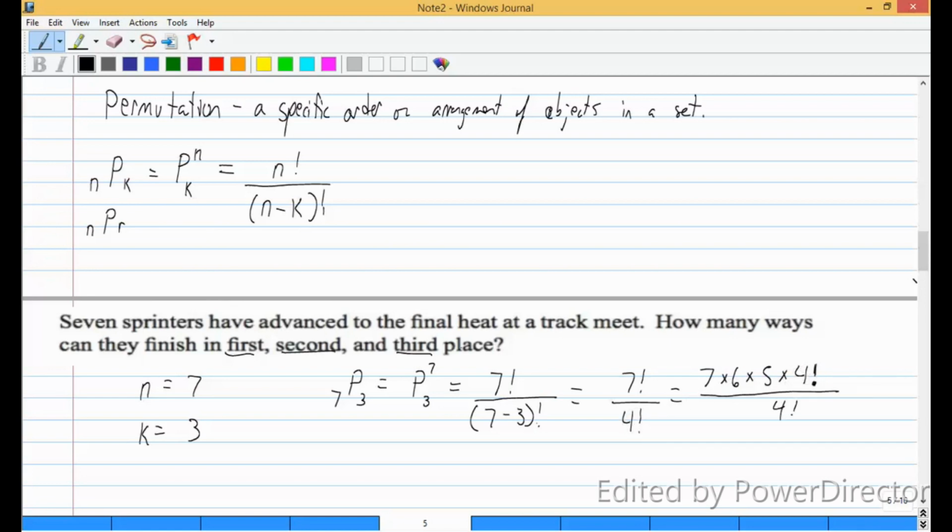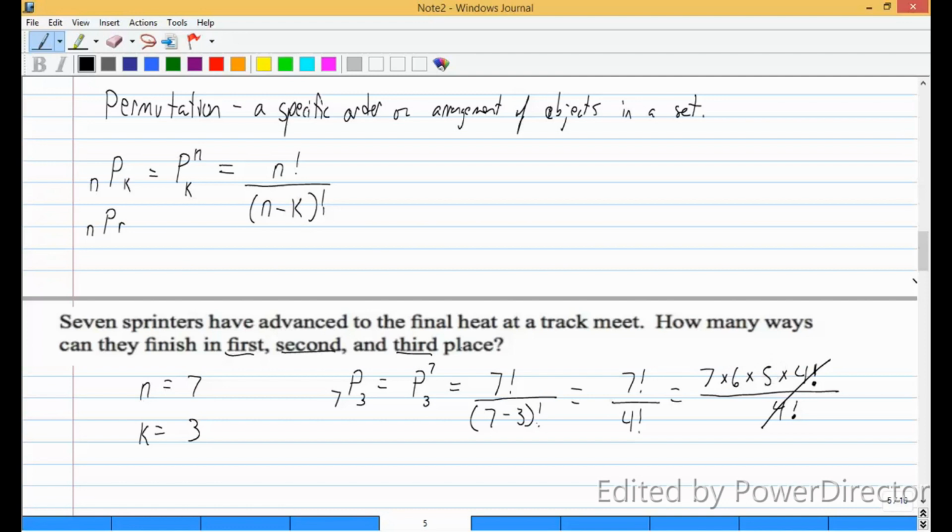If I'm working these out by hand, and you ever have a fraction, if you count down the numerator to the factorial in the denominator, then those cancel out because of the way that multiplication and division work. So this calculation is 7 times 6 times 5.